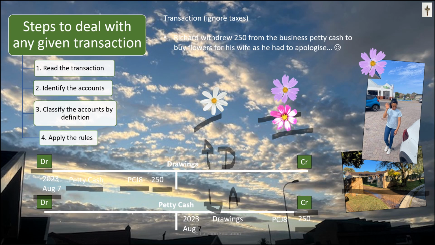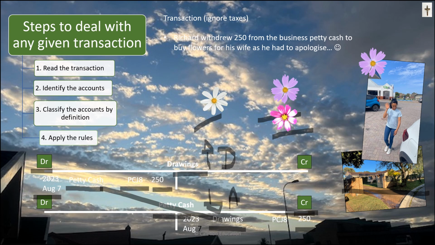And there's drawings, the name of the contra account, and there's a cross-reference between drawings and petty cash. Drawings was debited and the other account, petty cash, was credited.